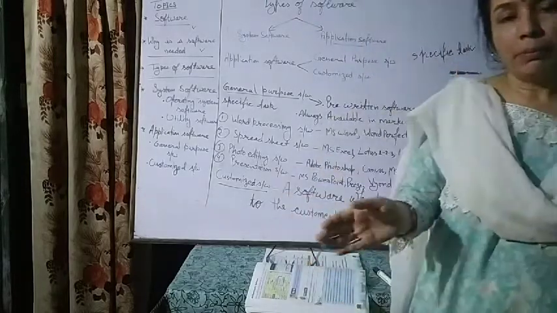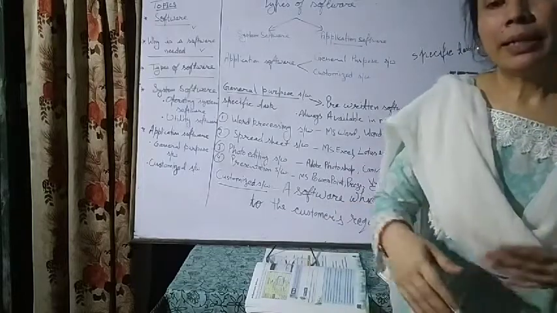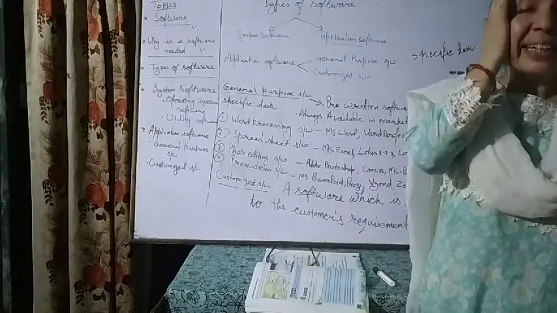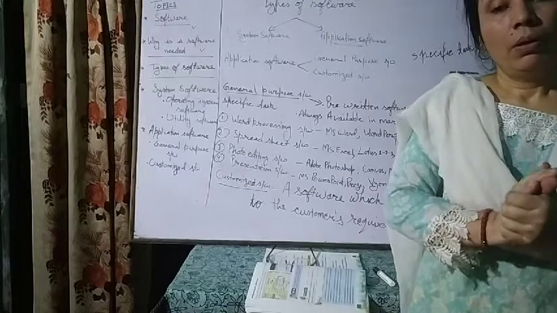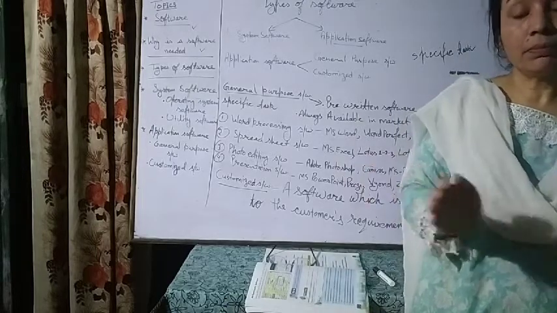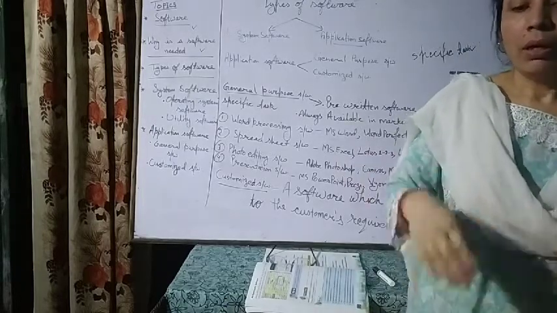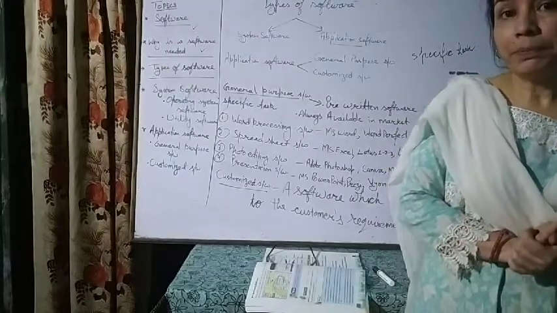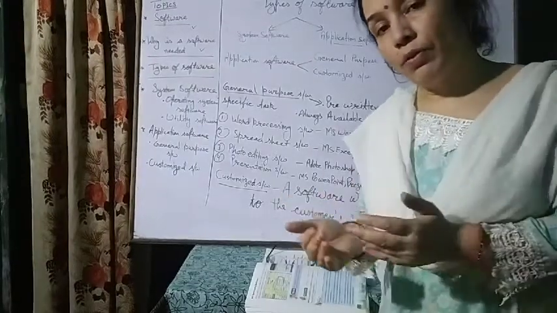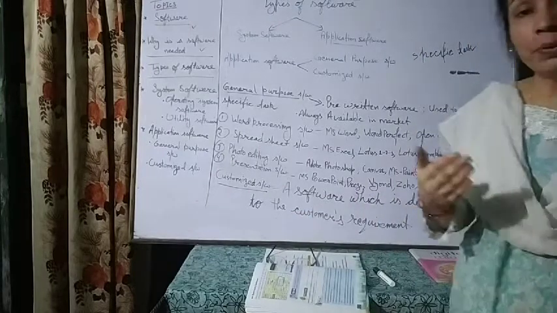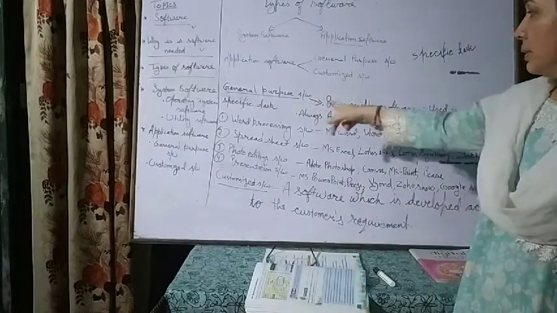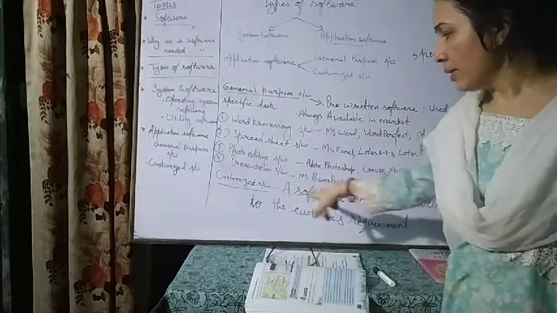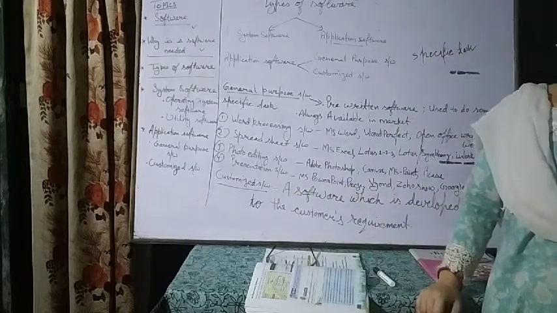There are so many companies in India which create software according to the user's requirement. Clear? So two types of application software we had discussed: general purpose software and customized software.